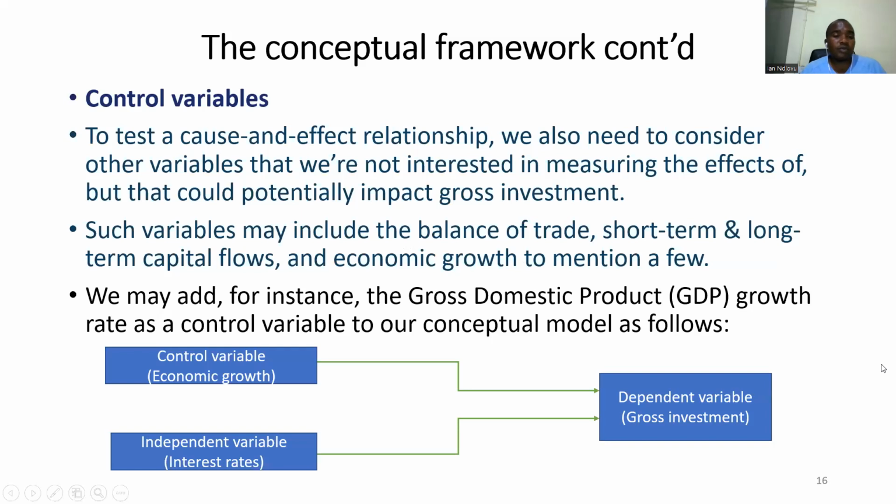Now, when we are looking at control variables, these are variables which are exogenous to the model, or which usually can be mentioned in passing, but they are not an integral part of the formulated model. Such variables may include economic growth, macroeconomic policy issues, and so on.